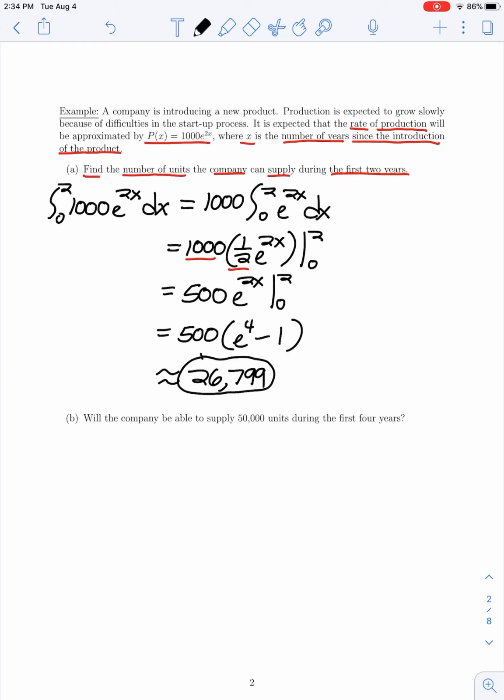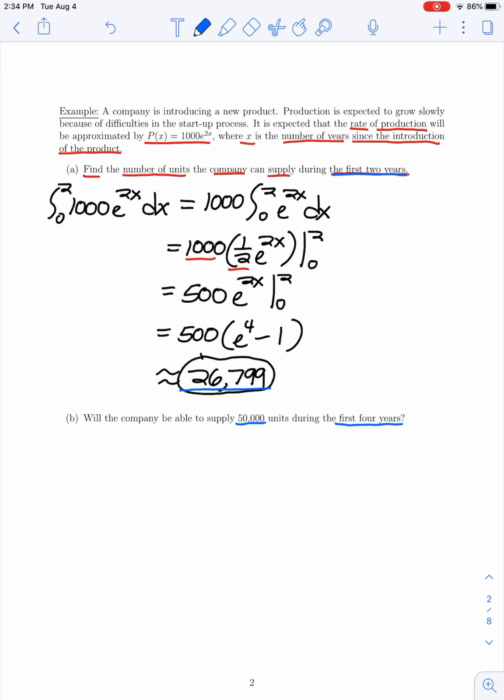We have shown in part A that in the first 2 years, the company can produce about 27,000 units. So if we ask about 50,000 units, which is a little less than double our 27,000, could that be produced during the first 4 years?